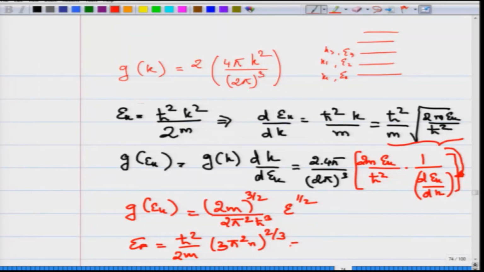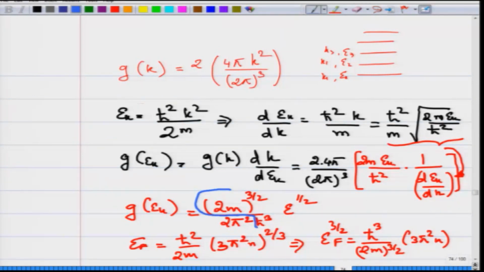From here itself you can see that if you raise E_F to the power of 3 by 2, you will get h cross cube divided by 2m raised to 3 by 2, 3 pi square n, which is nothing else but related to this term. You see that this is present in this term.